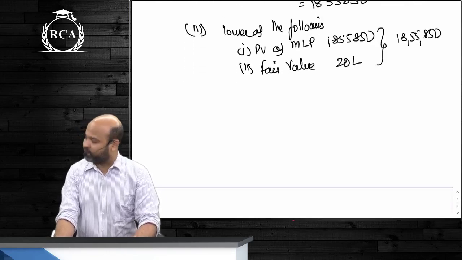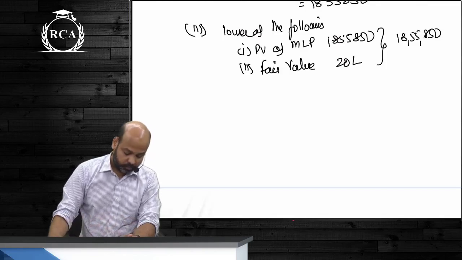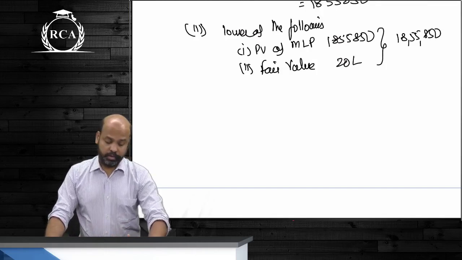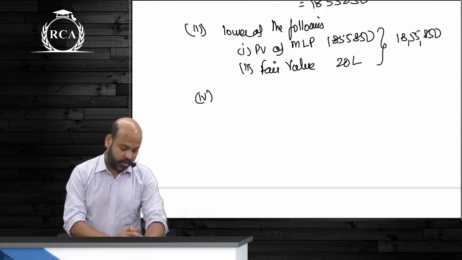Lower of these two, guys, is 18 lakh 55,850 rupees. You will record both leased asset and leased liability at these values. Any doubt in this, kids? Next bit, beta.